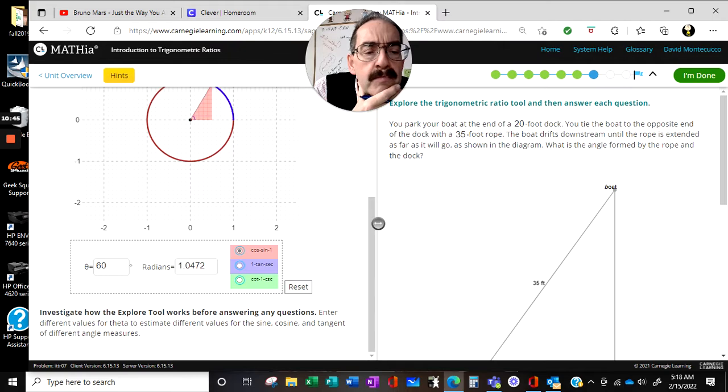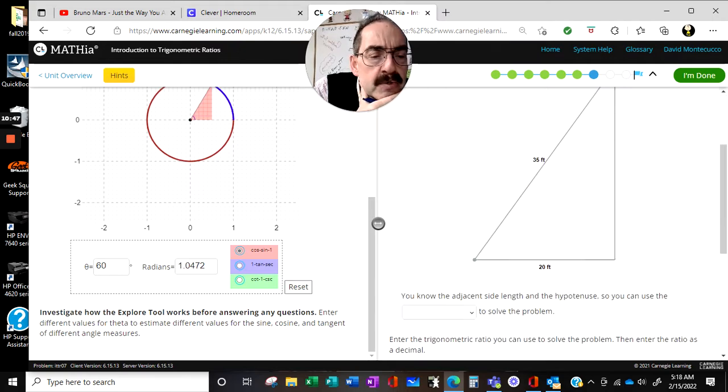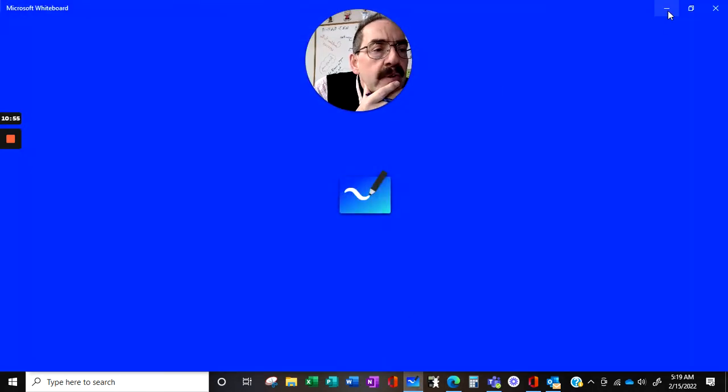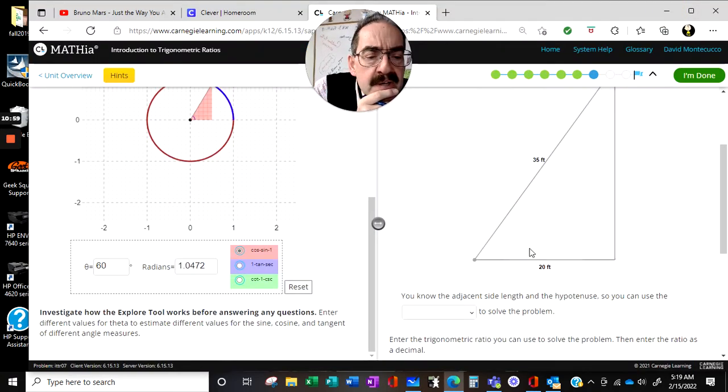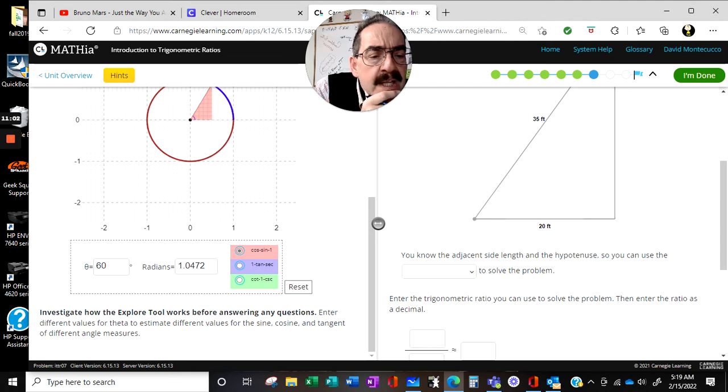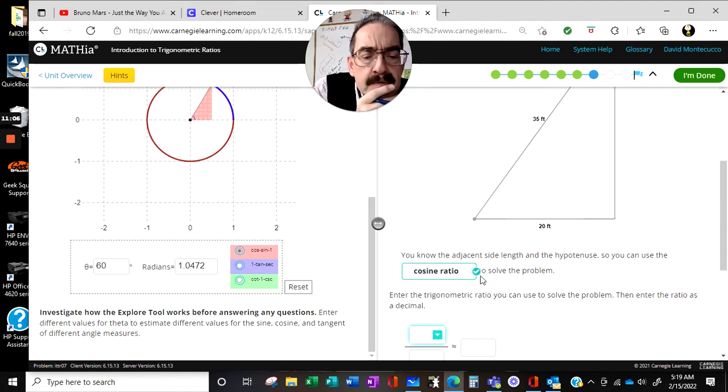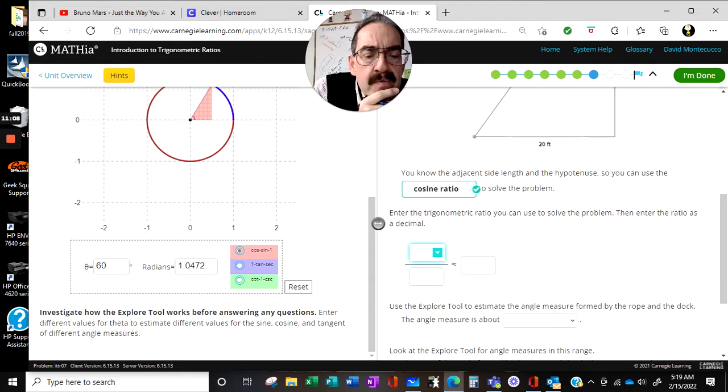What is the angle formed by the rope? So now we're going to use the cosine, the adjacent over the hypotenuse. Let's turn this on so that we have some stuff to work with. You know the side length and the hypotenuse, so you can use the cosine ratio, and that's 20 over 35.